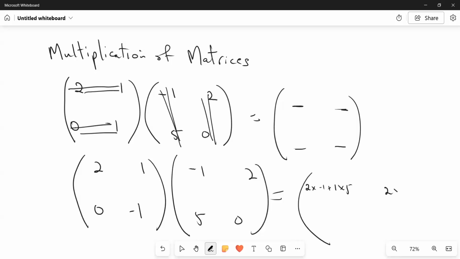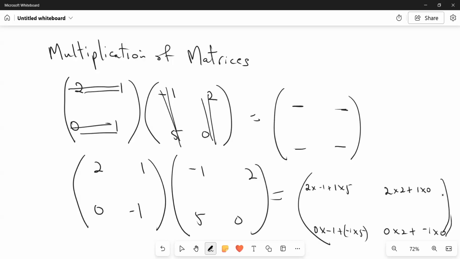So 2 by 2 plus 1 by 0. And this row by this column, 0 by minus 1 plus minus 1 by 5, right? If you want to put this in a bracket, no problem. And then this row by this column, so 0 by 2 plus minus 1 by 0, right?